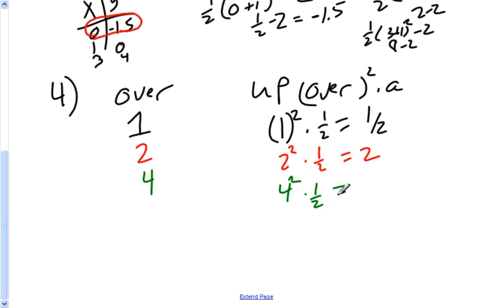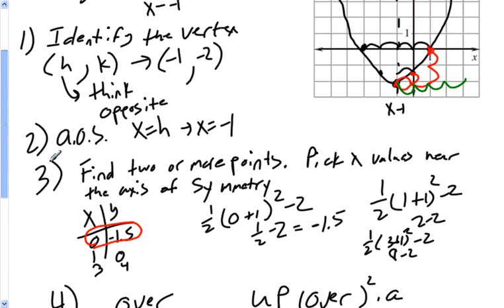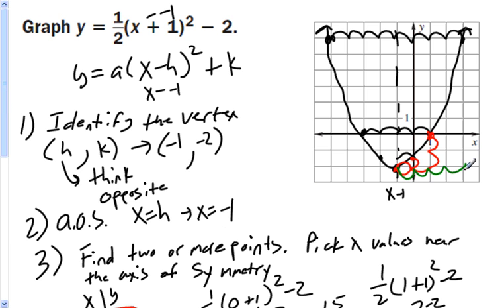So 4 squared is 16, and half of 16 is 8. So that means I'm going to go over 4 and go up 8. So I'm over 4 already. If I go up 8, I should be at that point. 1, 2, 3, 4, 5, 6, 7, 8. And I'm right there at the point. And then I just reflect all those points to get the left side.